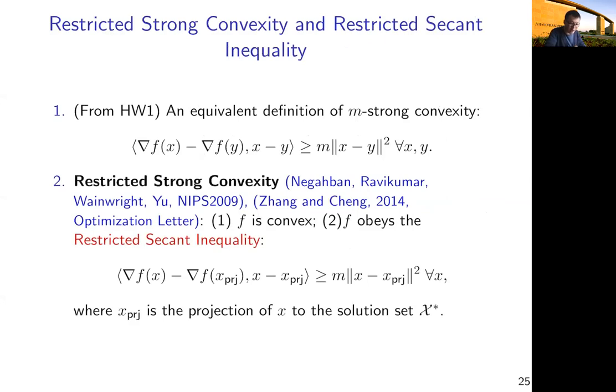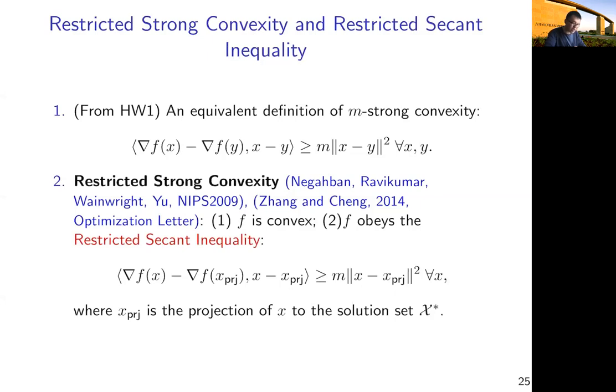From homework 1, you should have seen this equivalent definition of M-strong convexity for differentiable functions. For any differentiable function, it is M-strongly convex if and only if this condition is true for all x and y pairs. This form of inequality is called a secant inequality.